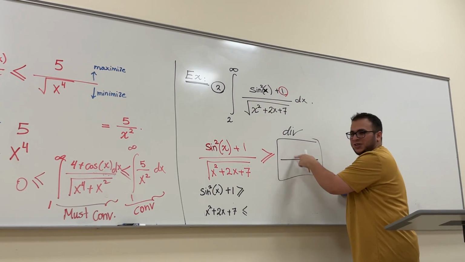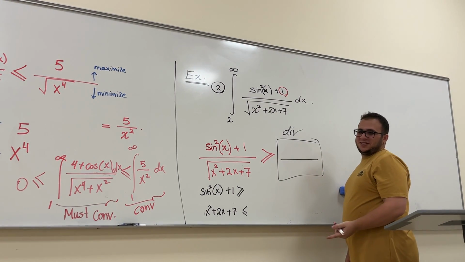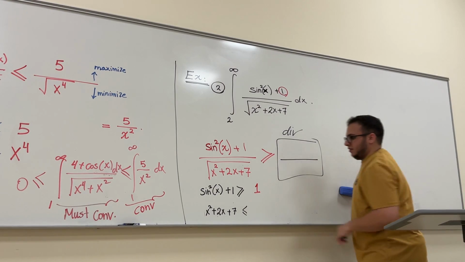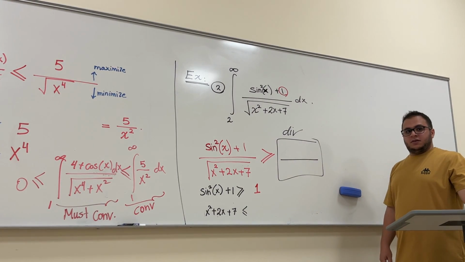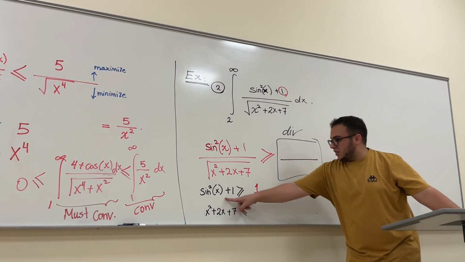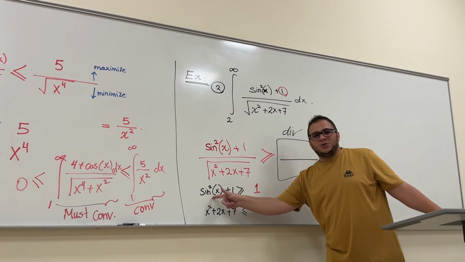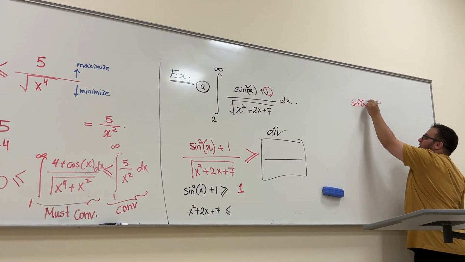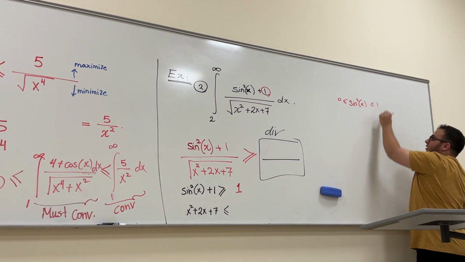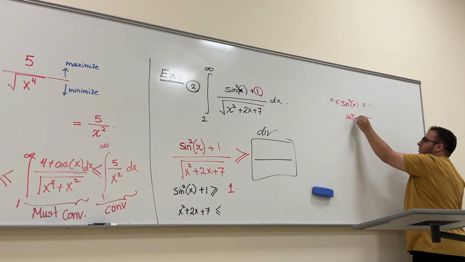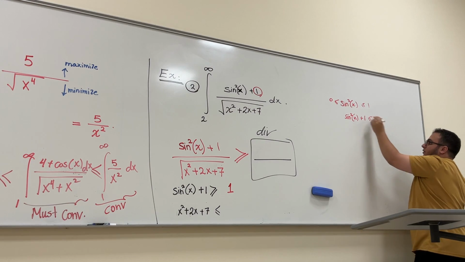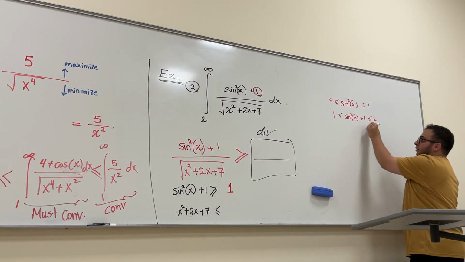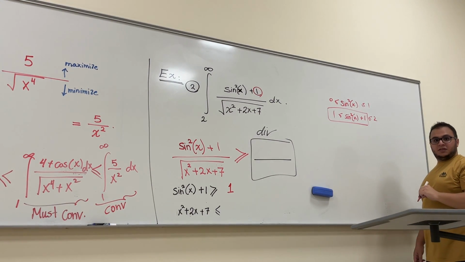If you use 0, 0 over anything, you destroy the question. You can use 1. 1 is always less than this, because sine square is between 0 and 1. Add 1 to both sides. Here, I use this. Make sense?